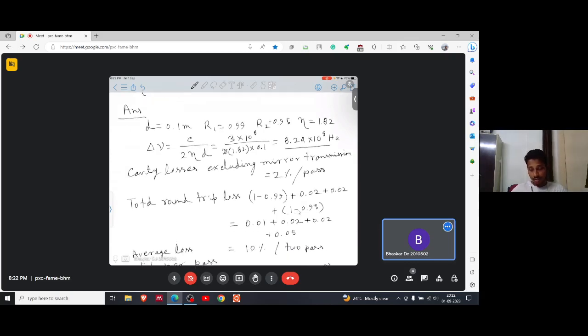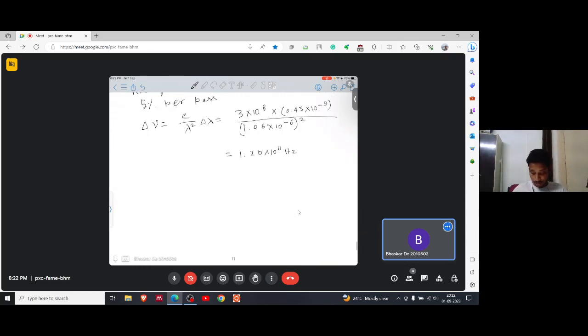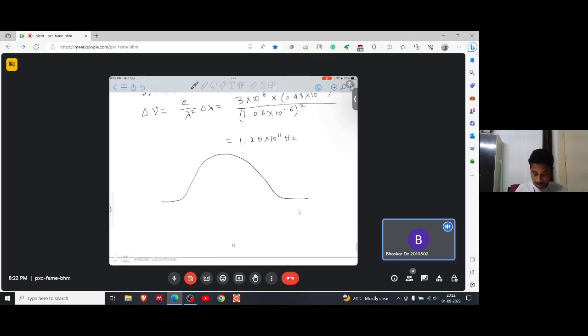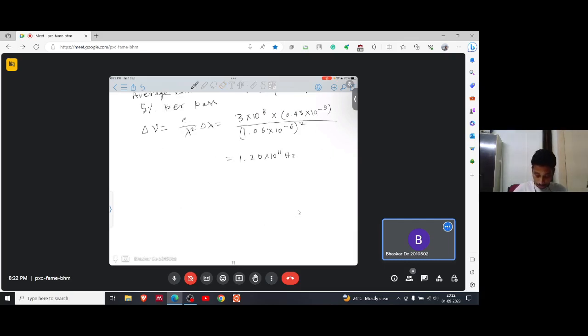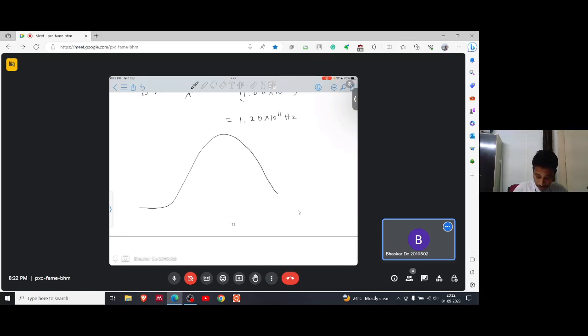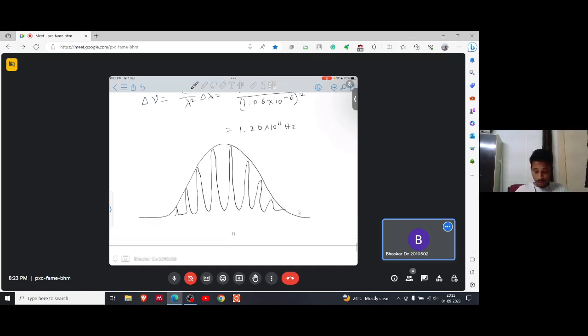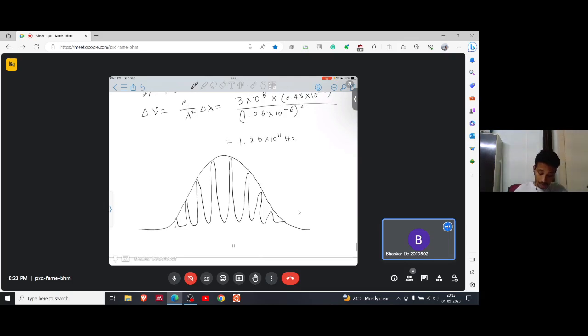So if all the modes are lasing, then that means that this is the emission line width, and the modes will be like this. So this is the mode spacing.